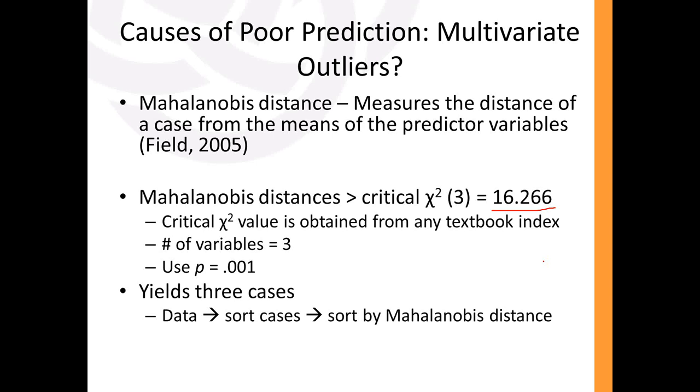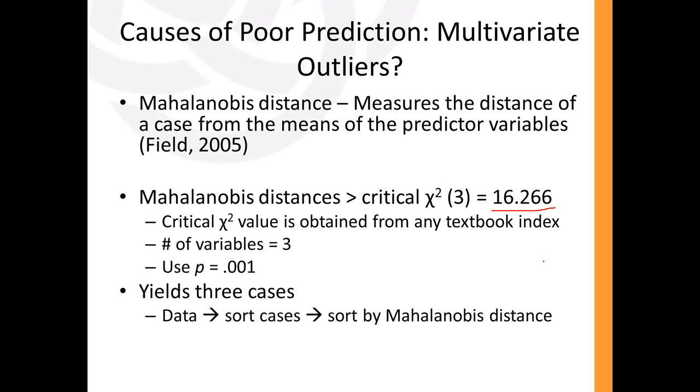This is a measure of the distance between one particular case and the mean of the predictor variables, which is also called a centroid. No matter how many predictor variables you have, they have a sort of multidimensional center, and the distance of an observation from that center is what the Mahalanobis distance tells us.